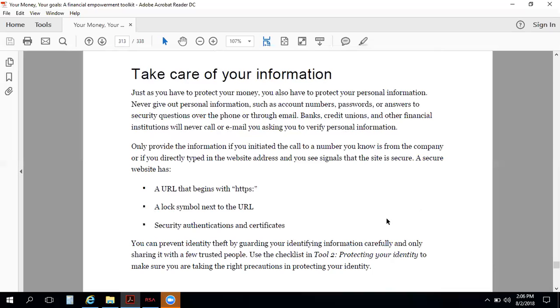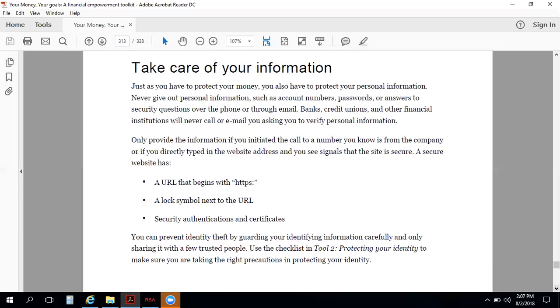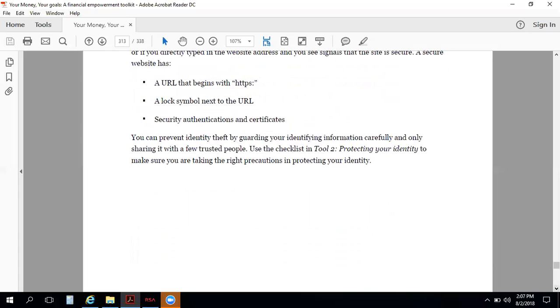So that's how a client could know that a site is secure. Look for that little lock after the web address, and look for the HTTPS before the address. If it's not a secure site, it's a lot easier for a scammer to steal information.